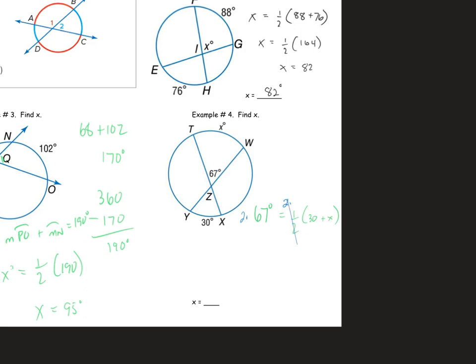So that will cancel out. 2 times 67, that is 134, is equal to 30 plus x. I subtract the 30. 104 degrees is x.